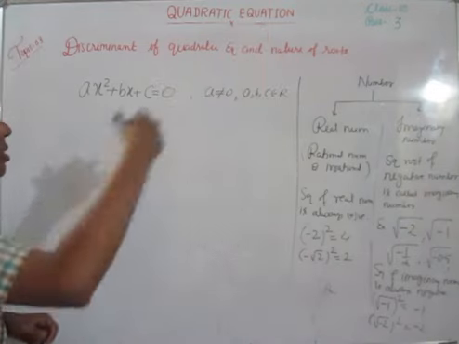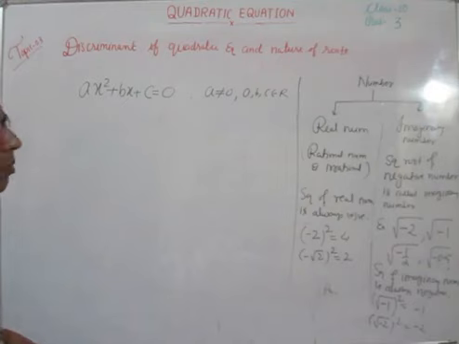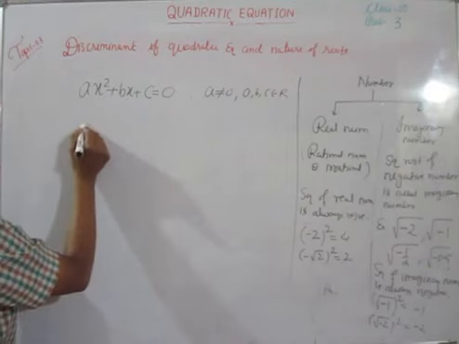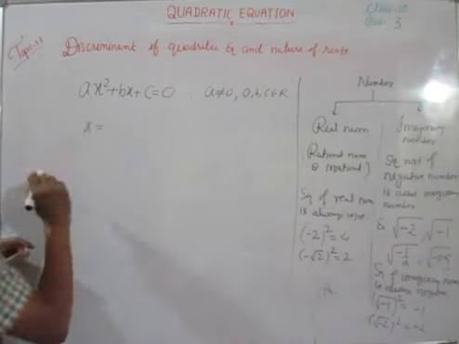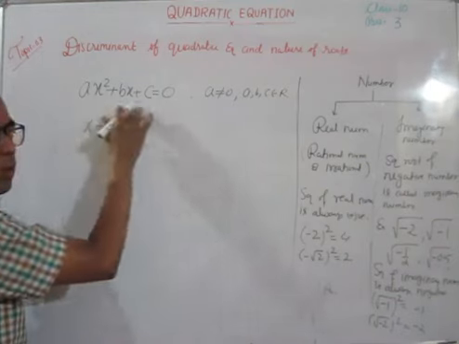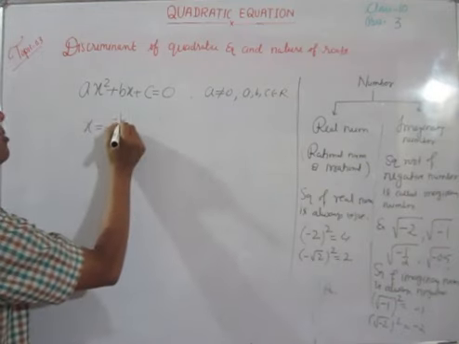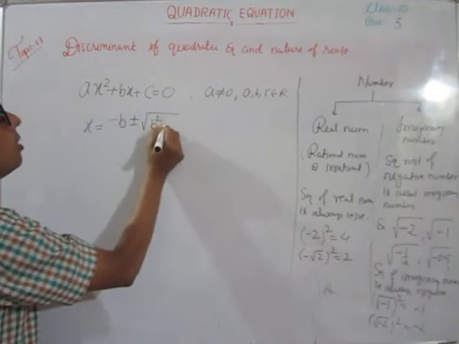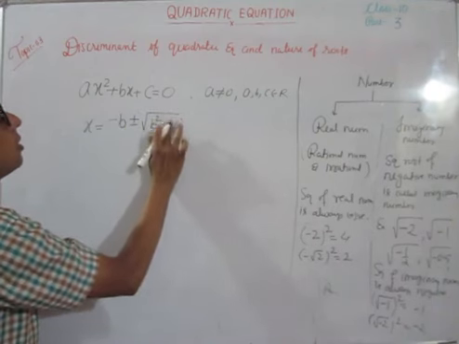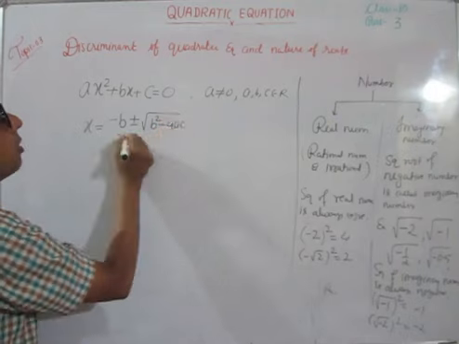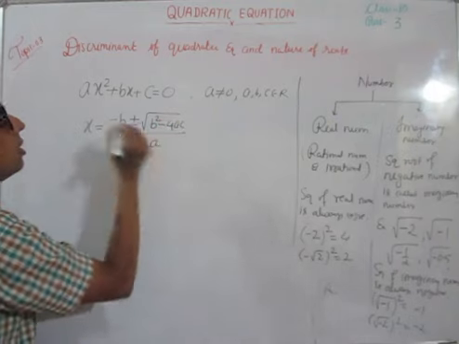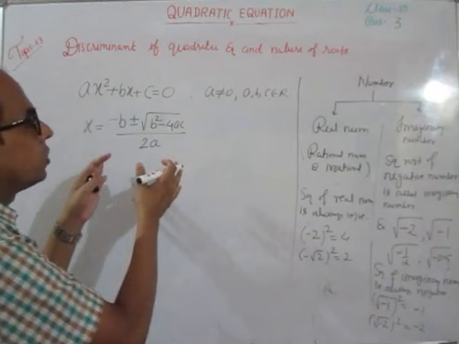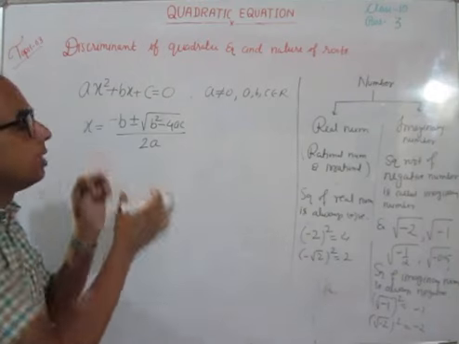Now in the coming videos we will see the formula for the roots. What is the formula for the roots of this quadratic equation? x equals minus b plus or minus root under b square minus 4ac, by 2a. This formula is called the Sridharacharya formula for the quadratic equation.